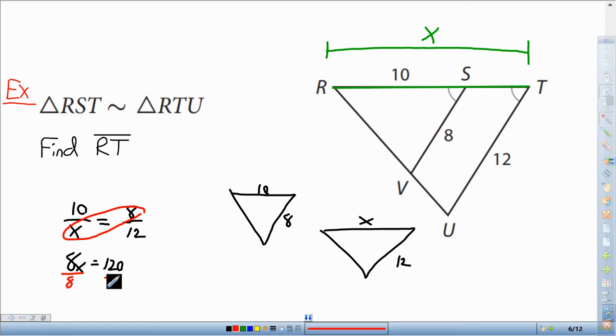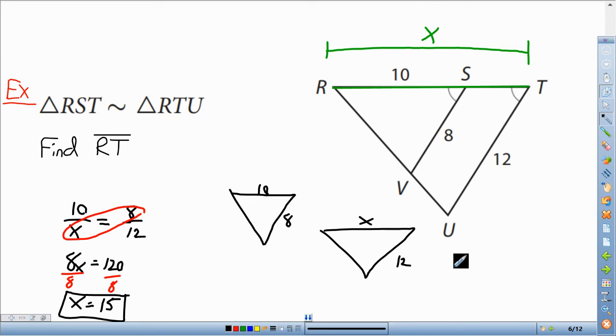Divide both sides by 8. Looks like x is going to be, let's see, 120 divided by 8 gives me a clean 15. And just to kind of check, does it make sense for this side length to be 15? If this is 10, this is 8, this is 12, yeah, that looks right.